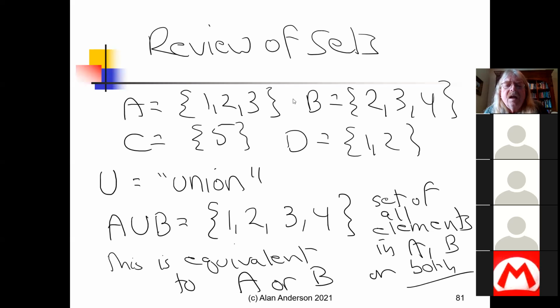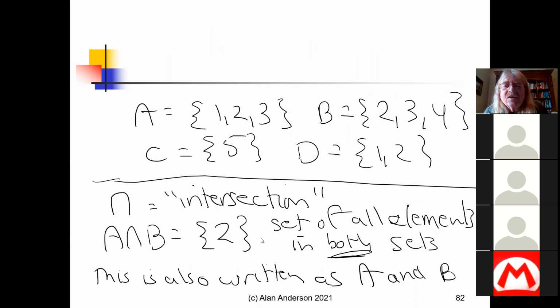Now, there's another operator that we need to know, and it's called intersection. That upside down U is pronounced intersection. It is equivalent to the English word and because when you apply an intersection to 2 sets, you're looking for all the elements they have in common.